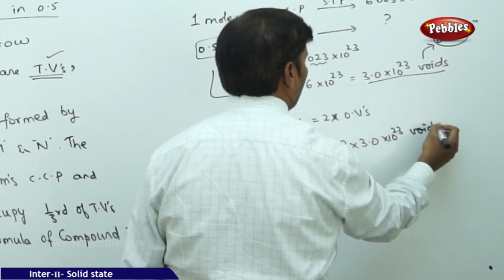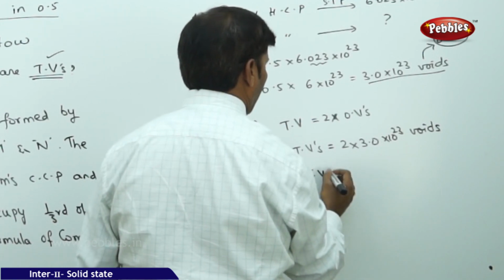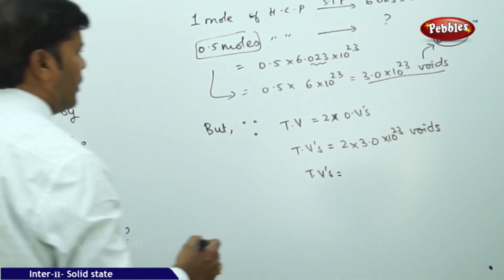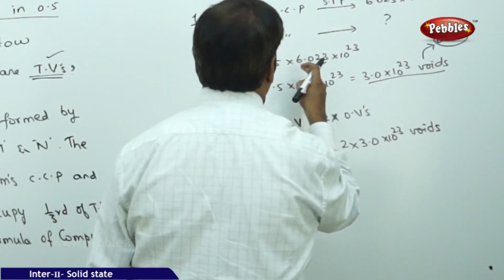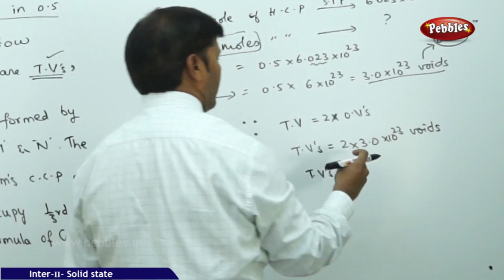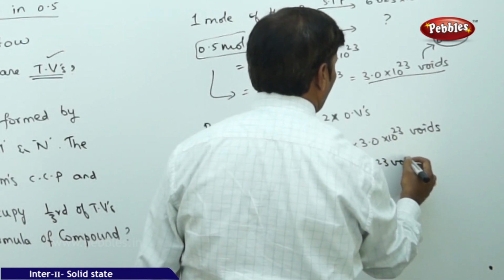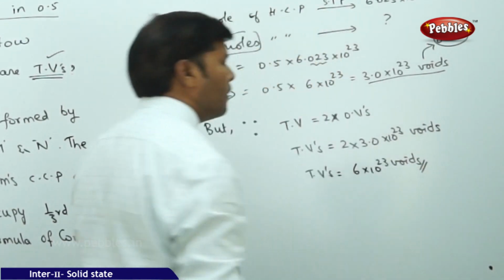So the tetrahedral voids are equal to 6 into 10 to the power of 23 voids, which should be the answer.